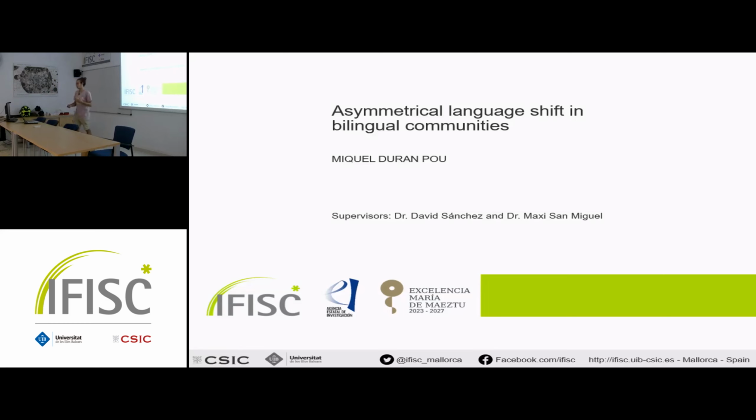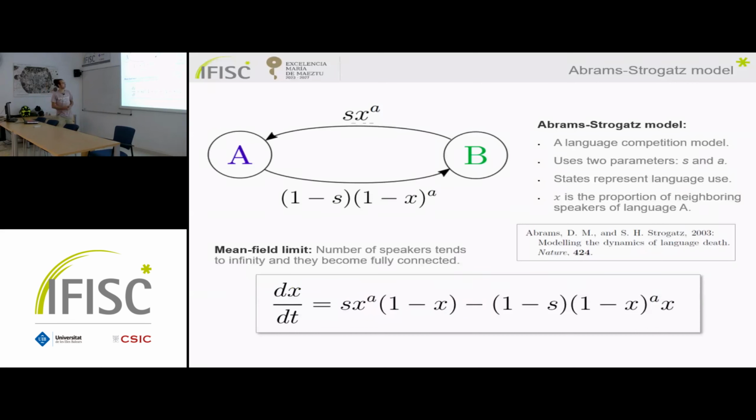In order to model this, what I did is to make a modification upon the Abrams-Strogatz model, which is a language competition model that uses two parameters to define the transition probabilities from one state to another. These states represent language use.